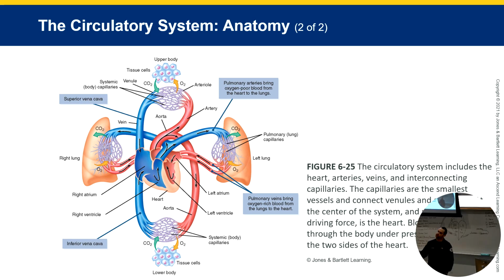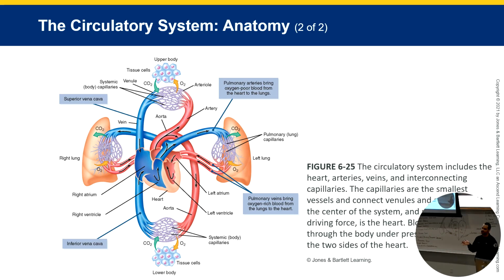So we have diffusion happen again. We are dropping off oxygen to those tissues, and in the same breath, we are taking in carbon dioxide, that waste product that was created by the different tissues and cells. So now our blood has become deoxygenated.